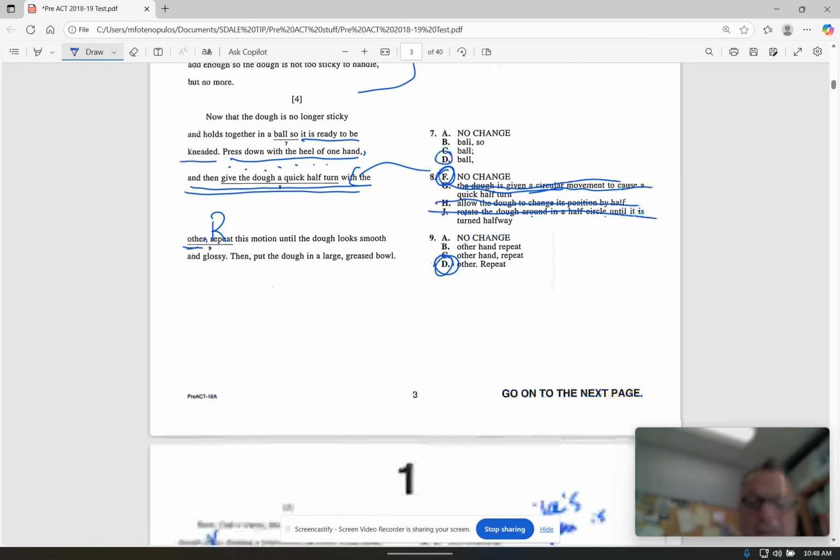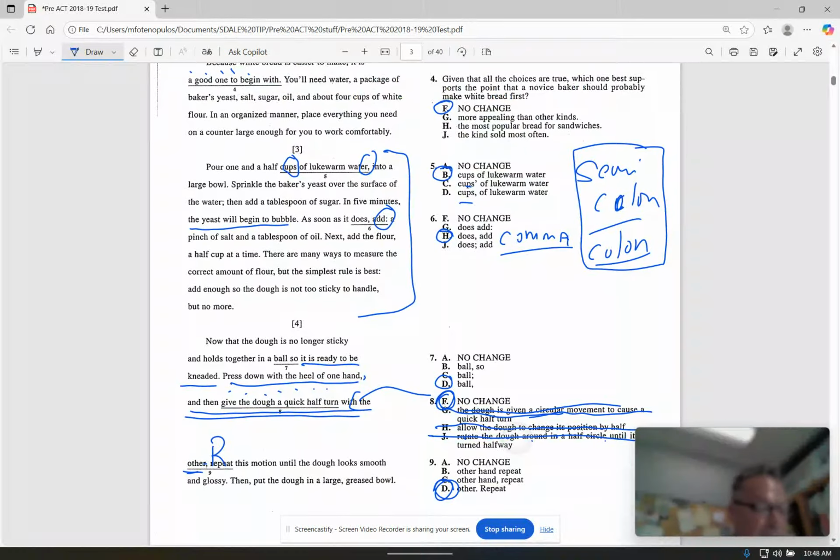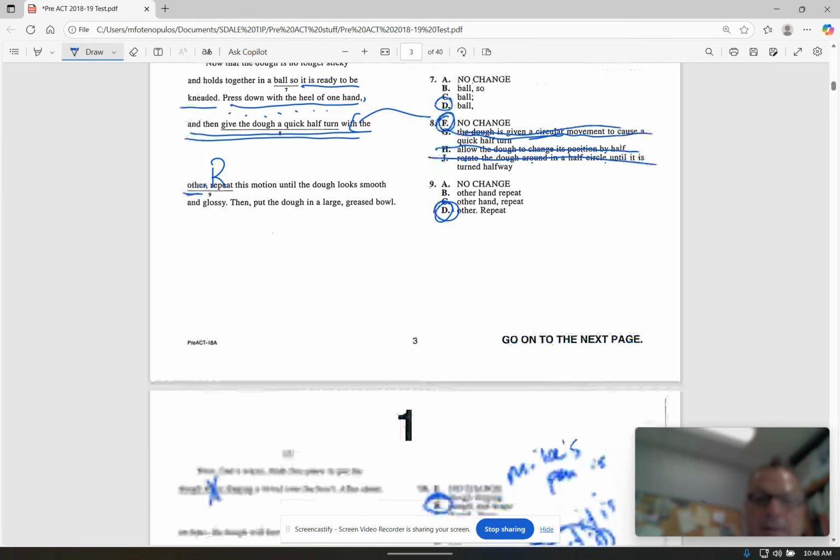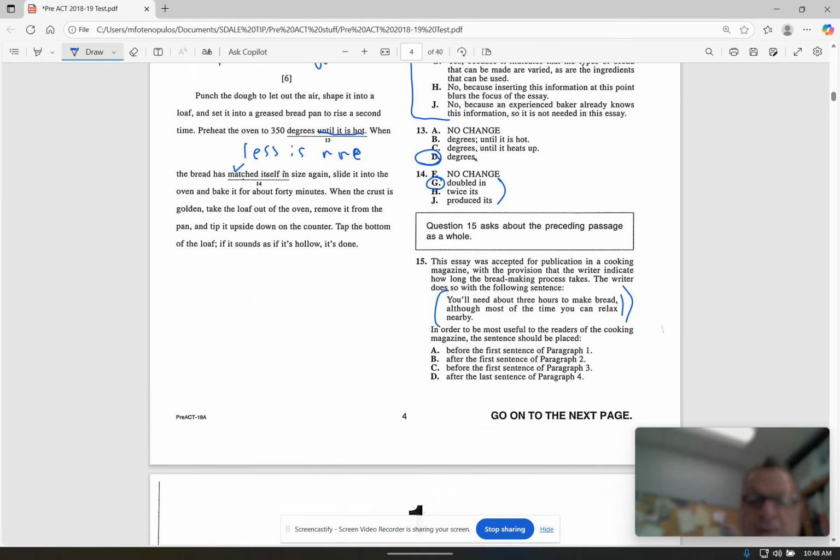And it says, after the first sentence of paragraph 2: Because white bread is easier to make, it is a good one to begin with. And here it says you'll need water, a package of, tells you what you need, but then this one says you'll need about 3 hours to make the bread. So that's probably a pretty good place to put it. So right now, B stands out as the good answer.